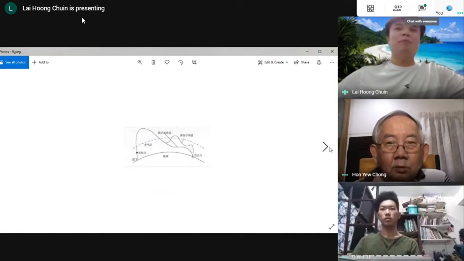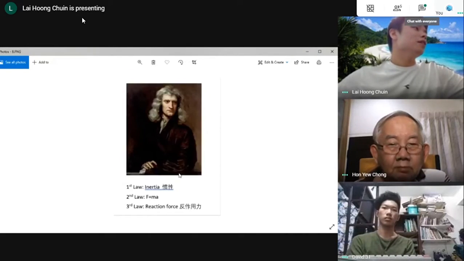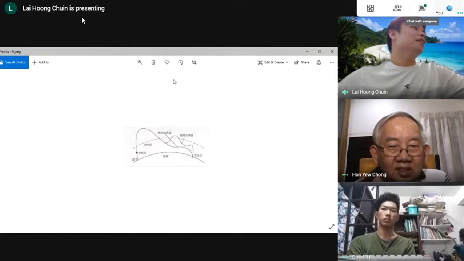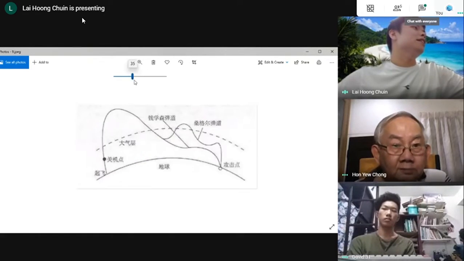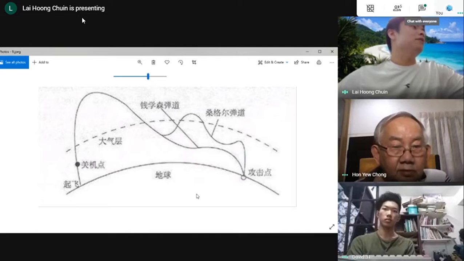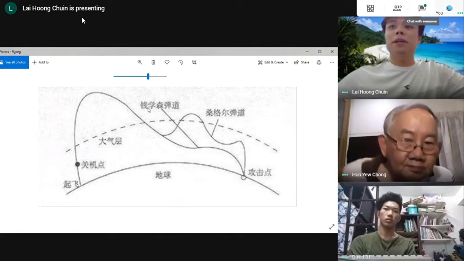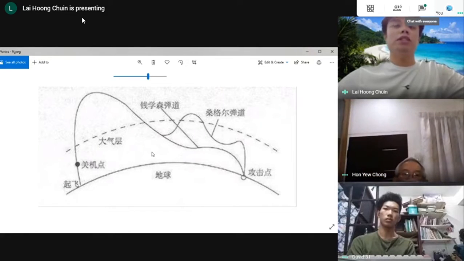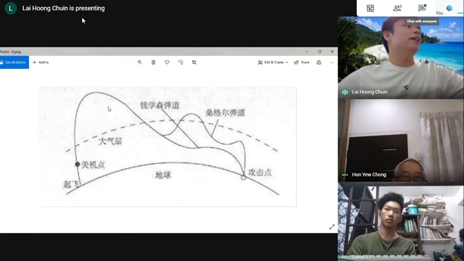So next is about coming back. This is about returning, for most spacecraft return missions, the re-entry mission. This is a simple trajectory drawn for missiles, but it is also the same for re-entry spacecraft. You take off, go into space, and then return.